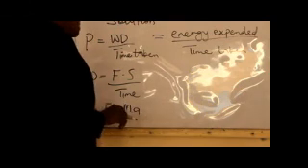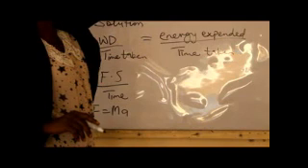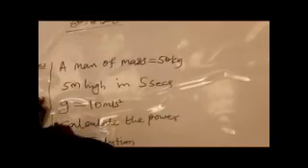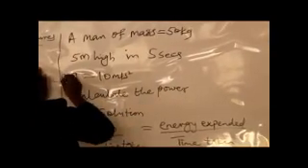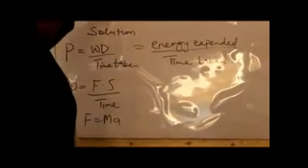So if F is equal to ma, we know m as 50 kg, we know a, which is the same thing as g, acceleration due to gravity. It's equal to 10 meters per second squared, then all over t, all over time.